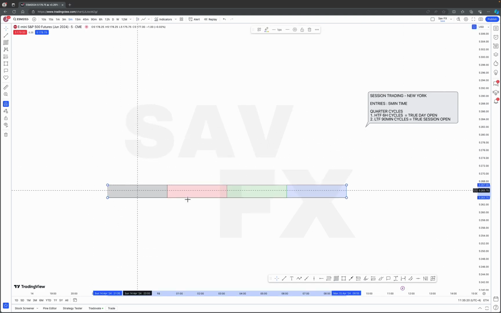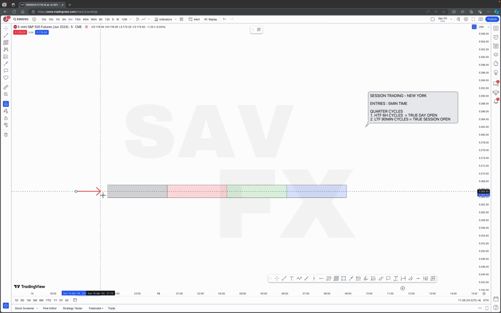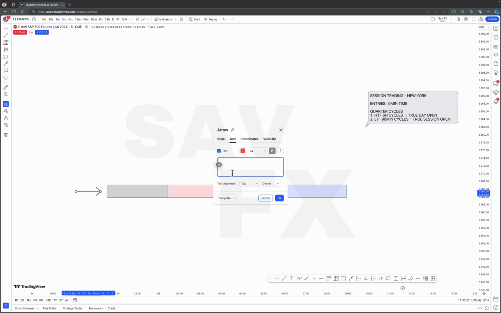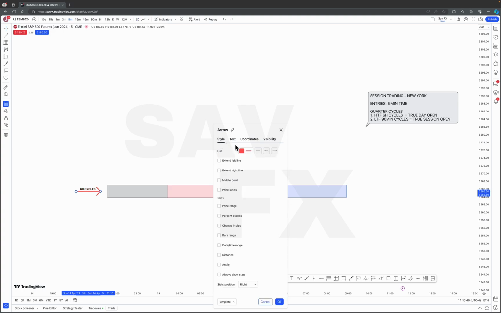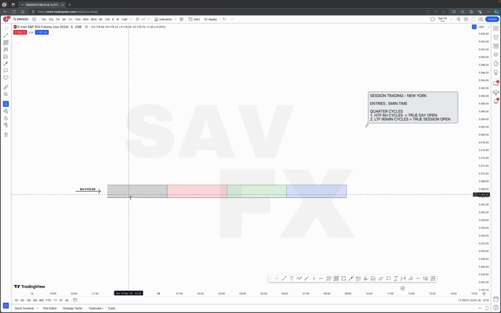So right here, we can specify and say this right here is our 6-hour cycles. Meaning each individual quarter is a full 6-hour range, if that makes sense. Each one of these quarter ranges is a full 6-hour range.